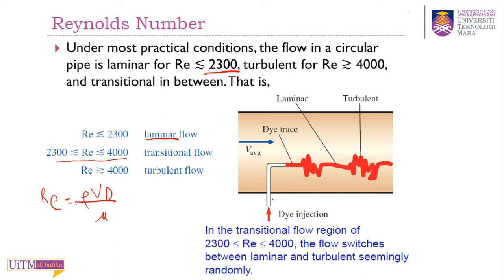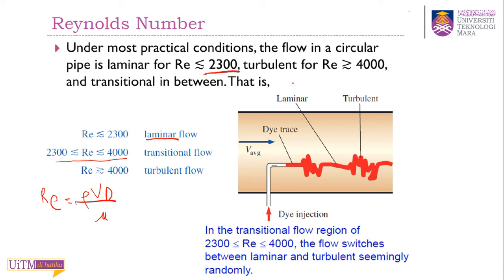For example, in your dye injection, you inject your dye at the beginning, and the dye flows laminar. After that it moves in transition, and beyond that it moves in fully turbulent flow.